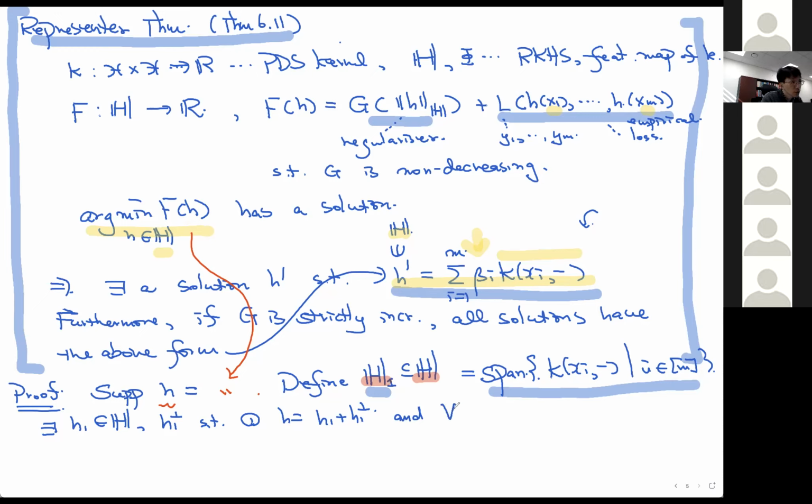So in the Hilbert space H, we pick this subspace, and for any element in the subspace, if you take inner products, that is going to be 0.